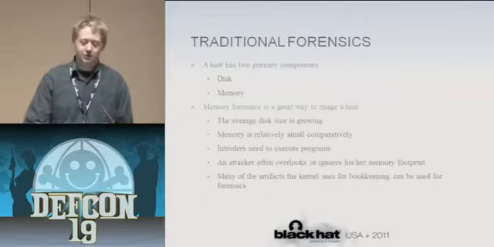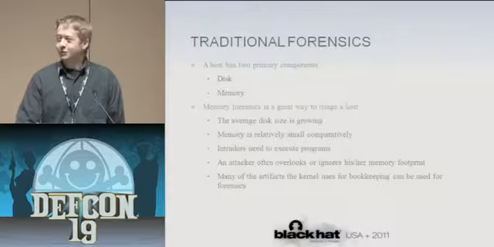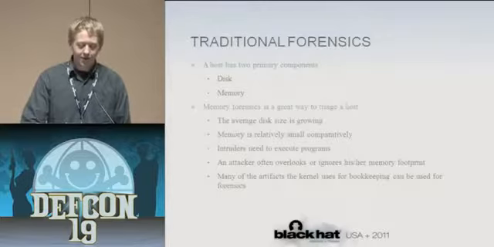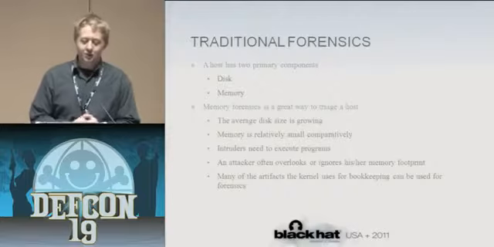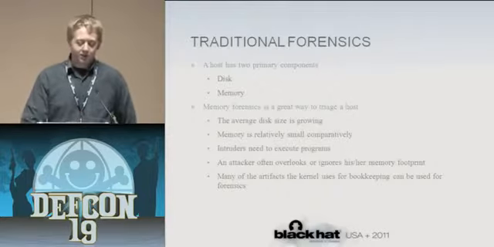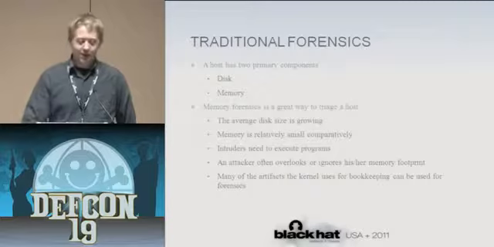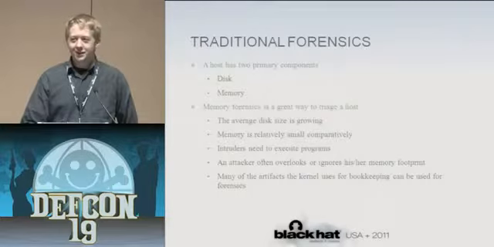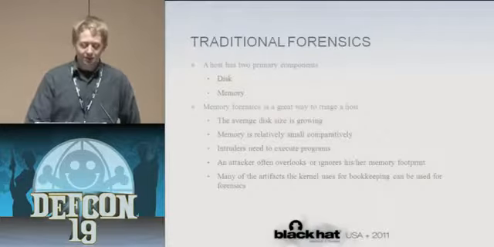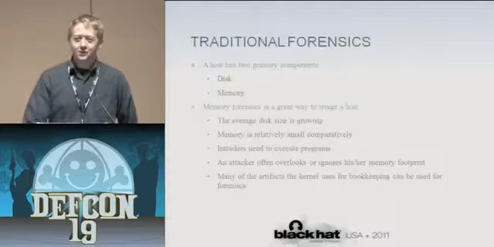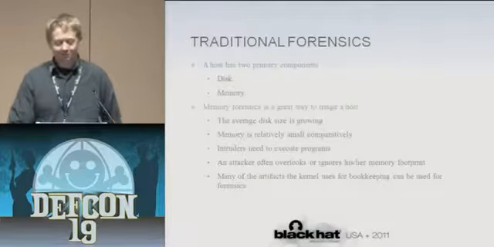So traditional forensics is kind of a broad overview. A host has two large sources of information for forensics: the disk and memory. Lately, memory has become a great way to triage a host in a forensics investigation. The reason is that the average size of disk is growing extremely high.